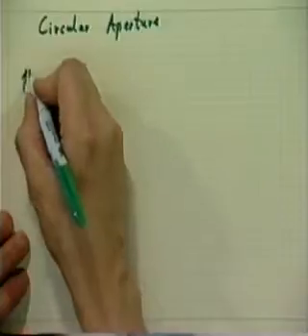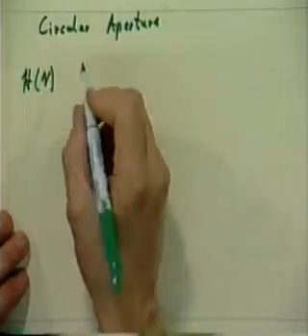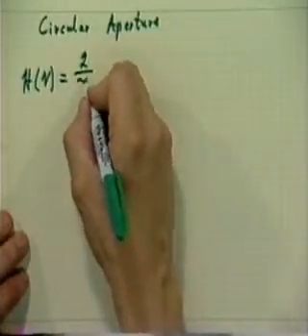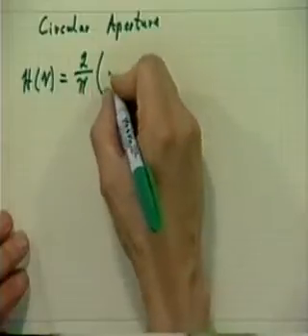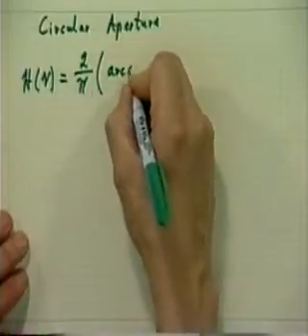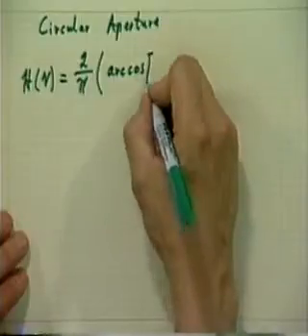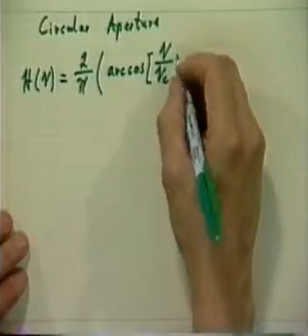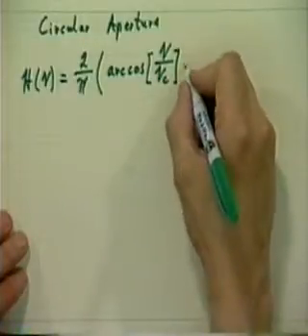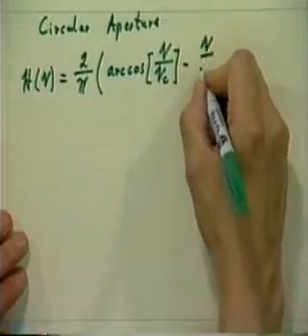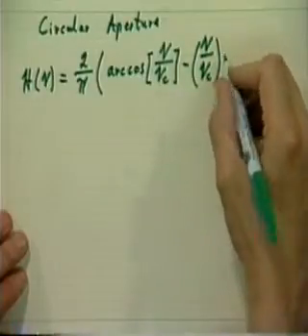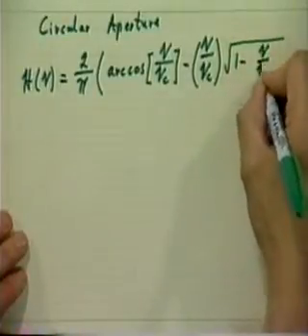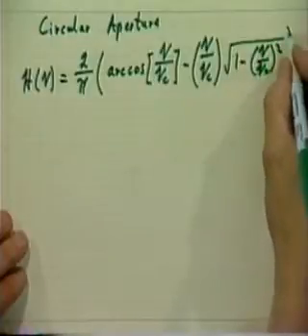So it's the transfer function. The OTF is a function of frequency. If you go through this geometry, it turns out to be 2 divided by pi times the arc cosine of nu, the frequency, divided by the cutoff frequency, minus nu divided by the cutoff frequency, times the square root of 1 minus nu divided by the cutoff frequency squared.